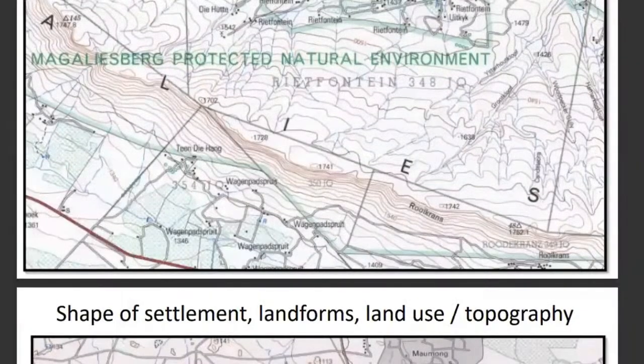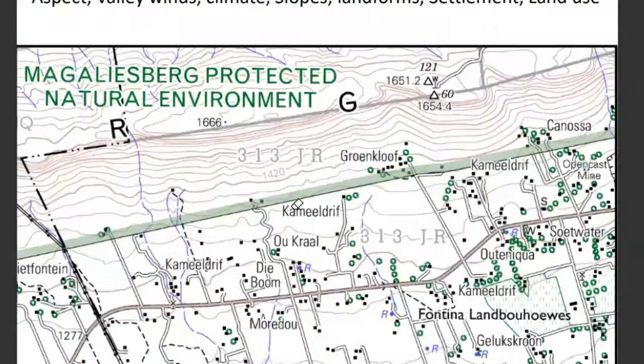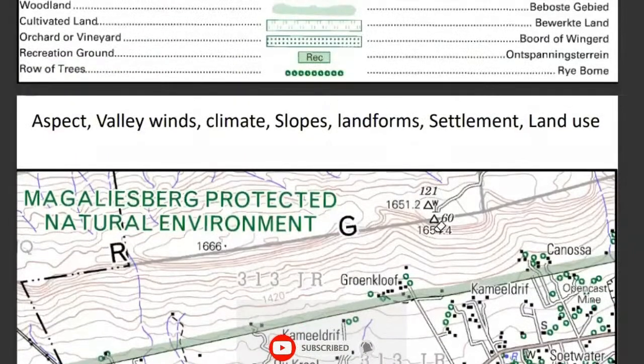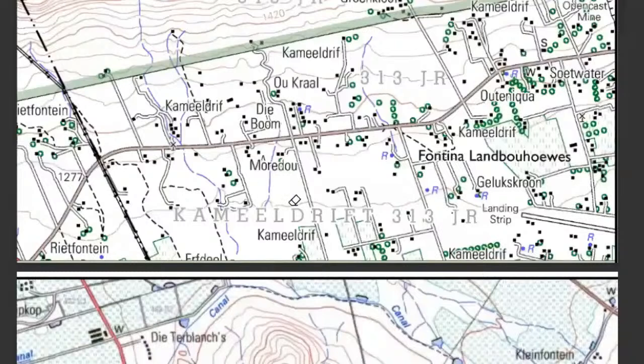Okay, so I want you to look at this. What do you see here? Here, you can see the issue of aspect, valley winds, climate. You can all apply it here, and settlement by just mere looking at what each part is meaning. Take an example.